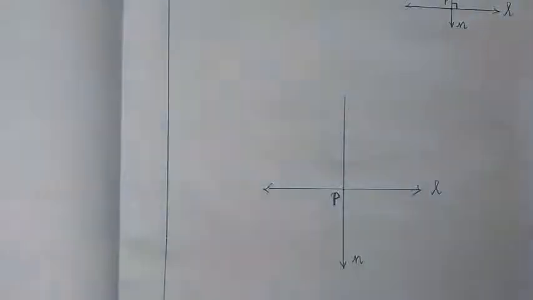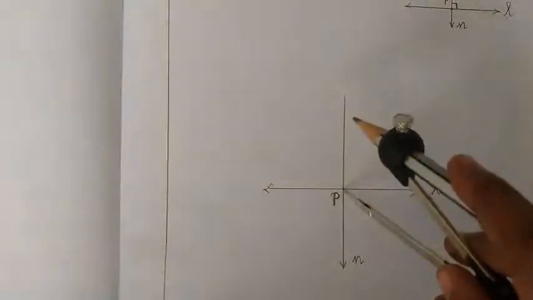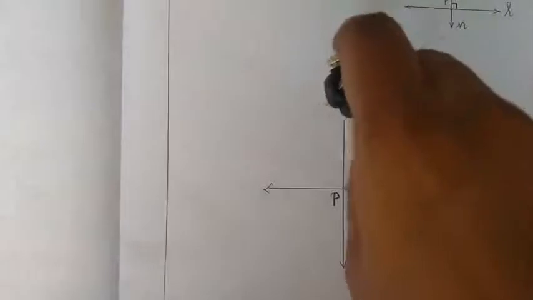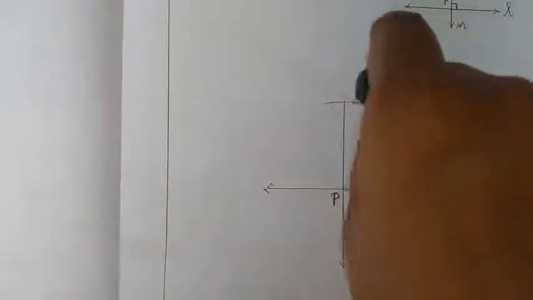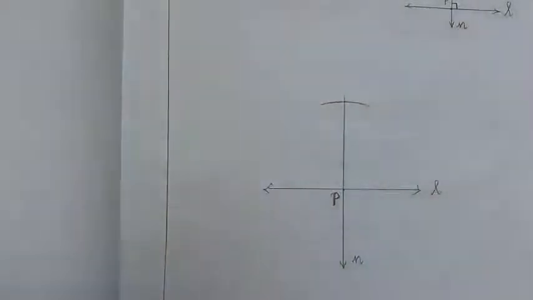Then place the pointer tip of the compass at P and draw one arc on the line N. Then we extend this line.